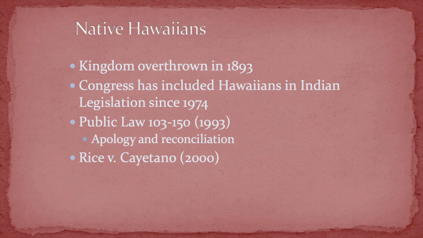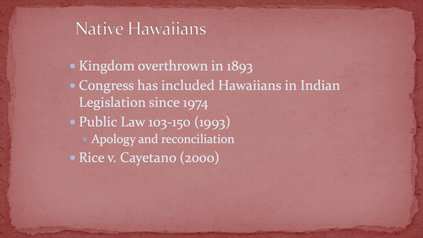So while the Native Hawaiians, until very recently, were not considered federally recognized tribes, and they still really aren't, they were still included in legislation that affects or is for the benefit of Indigenous tribes. It wasn't until 1993 that there was an apology and a reconciliation by the United States government to the Hawaiians for that very bloody history.